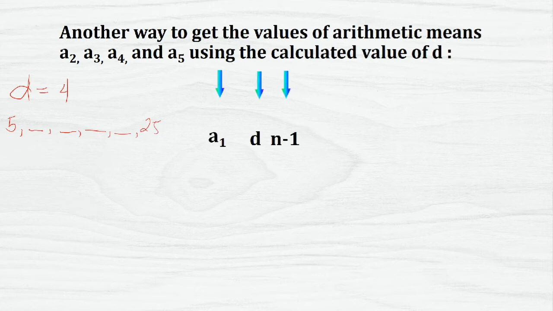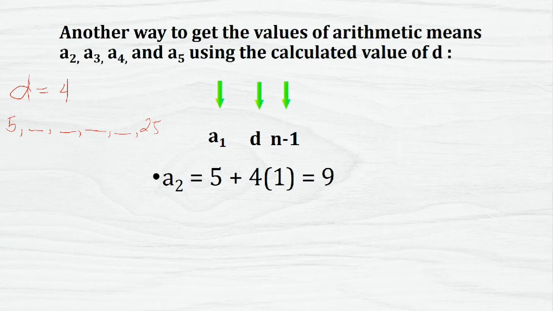Okay? So, since our first arithmetic mean is the second term, that means a sub 2, and then our first term, 5, plus the common difference 4 times n minus 1. Okay? 2 minus 1 is 1. So 4 times 1 is 4, plus 5, that's 9.